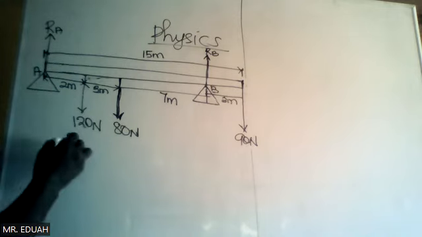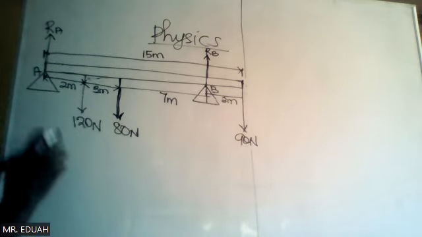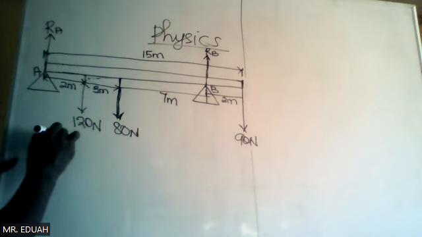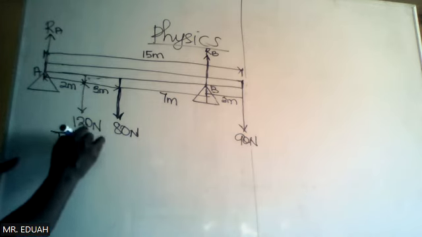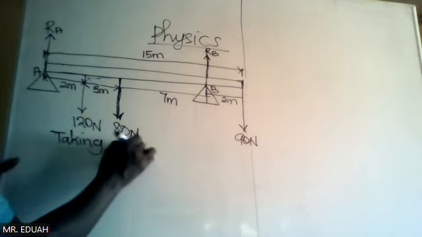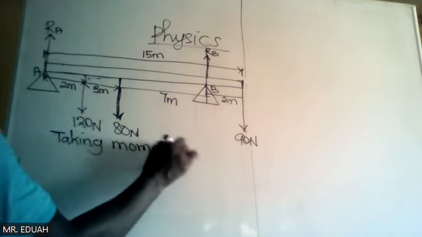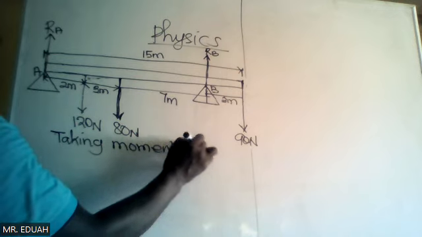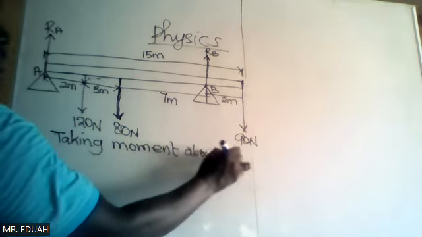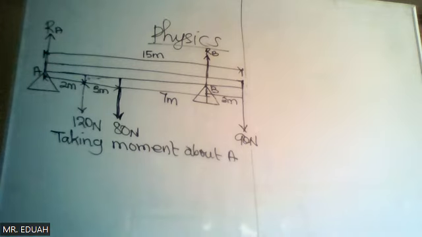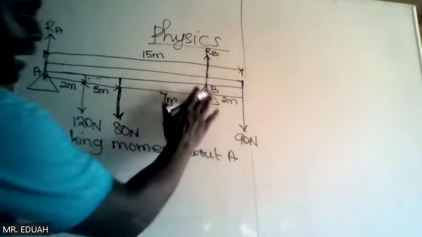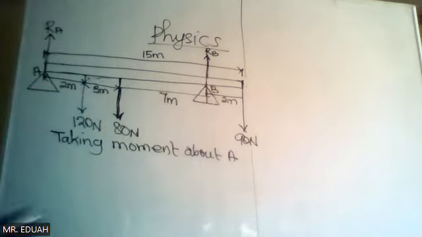So let's take moment about one of them. Taking moment about A, we are ignoring the support B. I must identify clockwise moment and anti-clockwise moment.